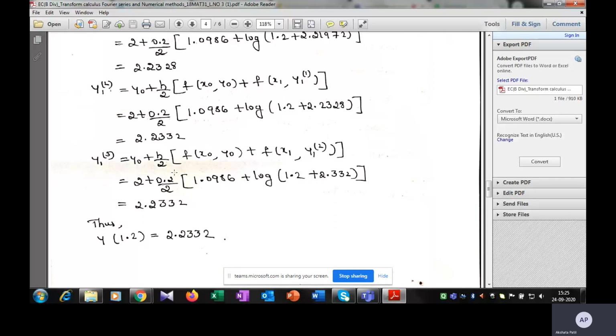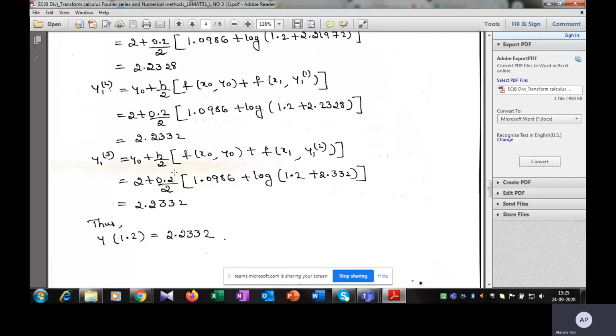Once again introduce the given differential equation, log of x plus y, where x is considered as x1, y is considered as the second approximation value of y1. So substitute the values here: x1 is 1.2 and y1 of second iteration is 2.2332. Simplified, you will get the y1 of third iteration value.